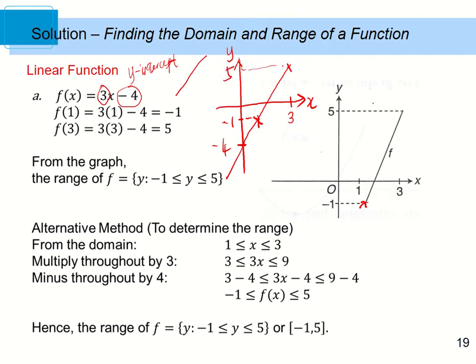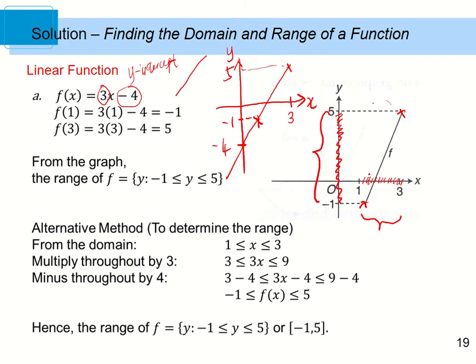By sketching the graph like this, we know these are the possible values of y when the possible value of x is from 1 to 3. The value of x is from 1 to 3, and the possible value for y is from -1 to 5.